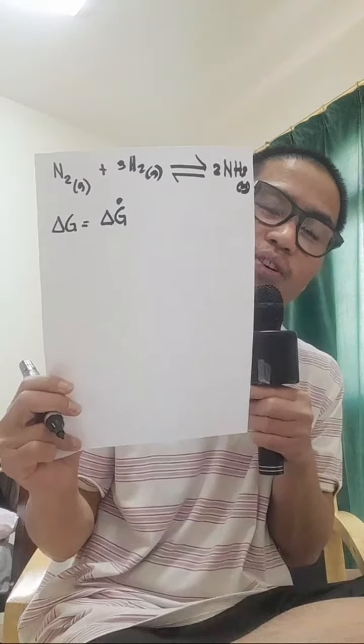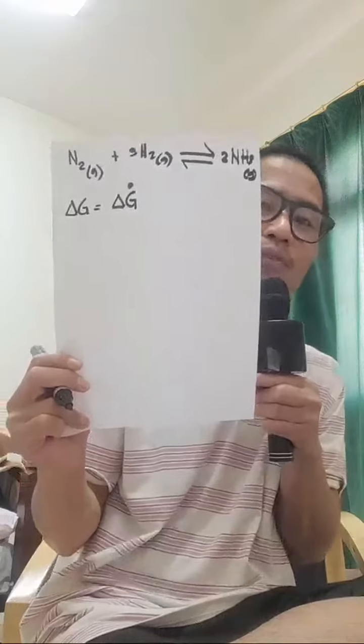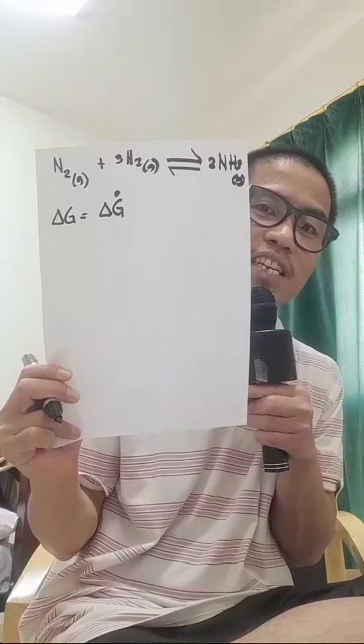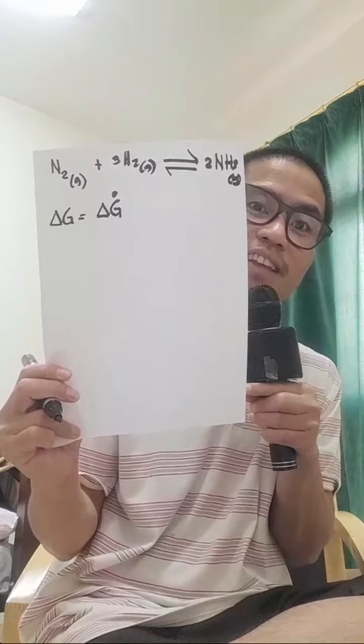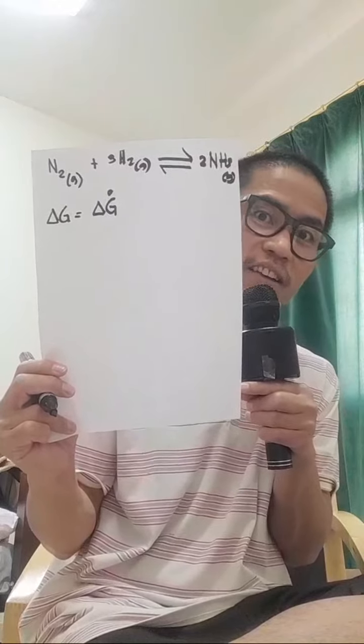There's already a natural free energy only, which is delta G, and enthalpy only, which is not the standard enthalpy of formation. Take note of that. If there is no such symbol, then don't force this kind of formula.